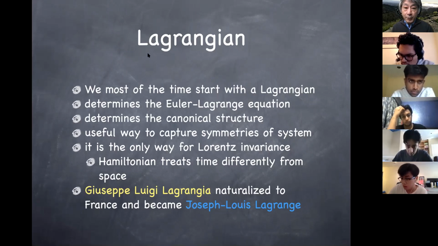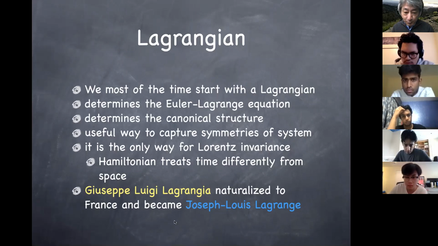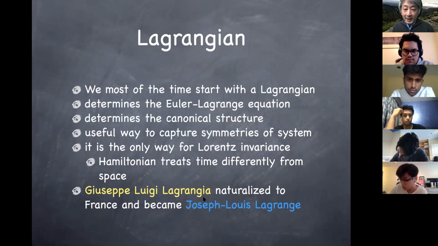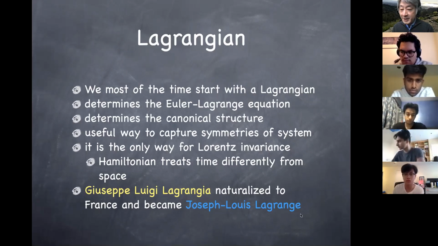Just in case you're wondering about the spelling of Lagrangian, this is something I learned from Wikipedia. Apparently, Mr. Lagrange was Italian, Giuseppe Luigi Lagrangia, but he eventually naturalized to France and became Joseph Louis Lagrange.